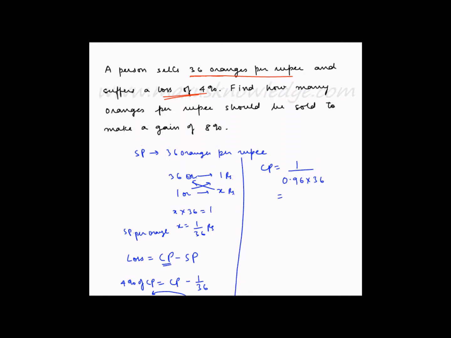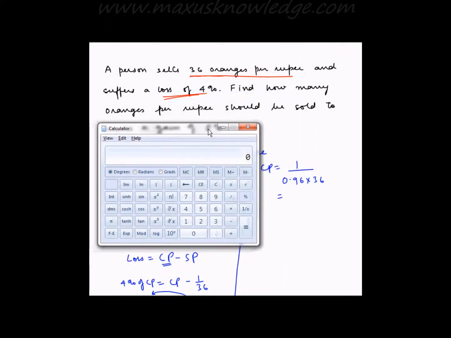So let me pull the calculator. So 0.96 multiplied by 36, and this is equal to 34.56.